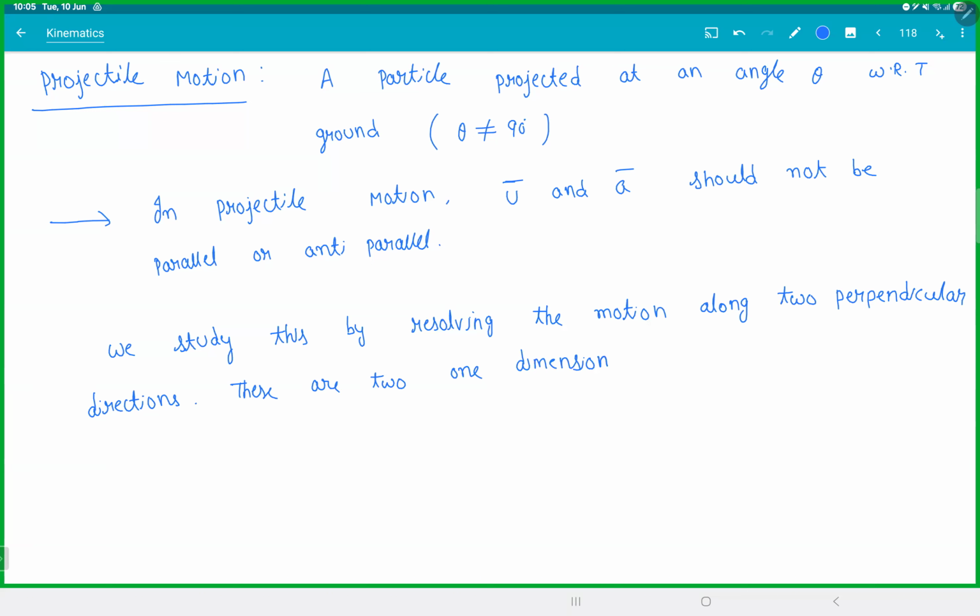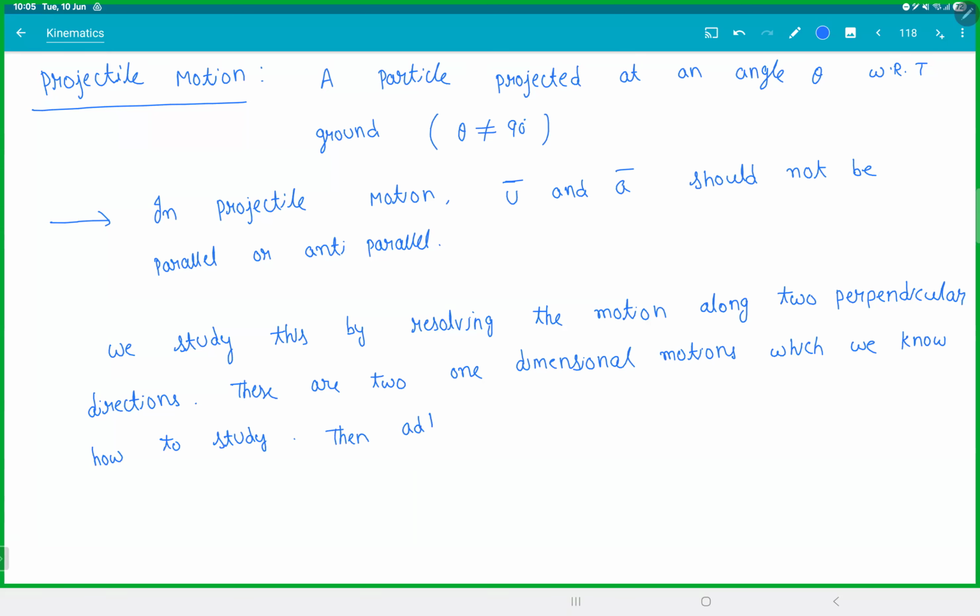If you understood this, and you know how to split it into motions which we know how to study, then add the results vectorially.